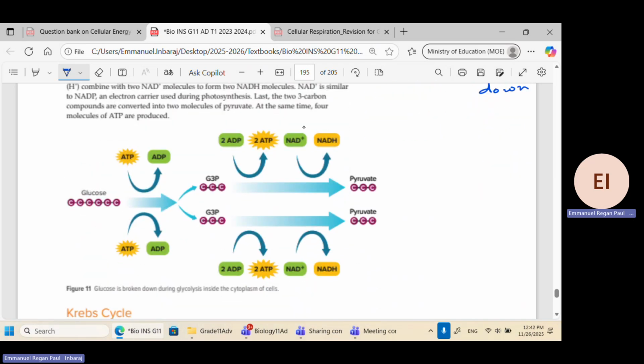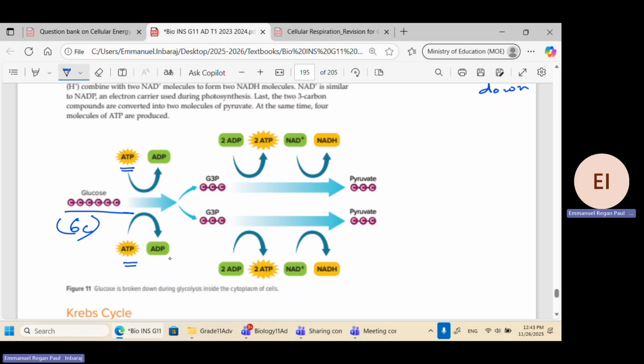So let's look at how it is broken down. Watch here. This is glucose. How many carbons does glucose have? There is a 6-carbon glucose. Now what happens to the glucose? The glucose is broken down. If they need to break down, they require ATP. ATP is energy.